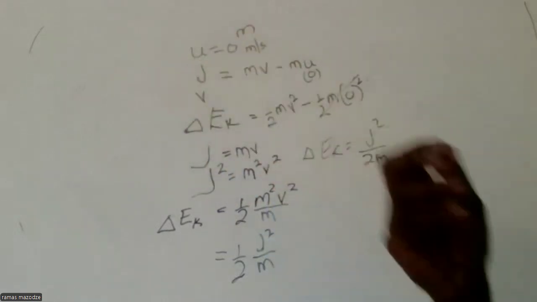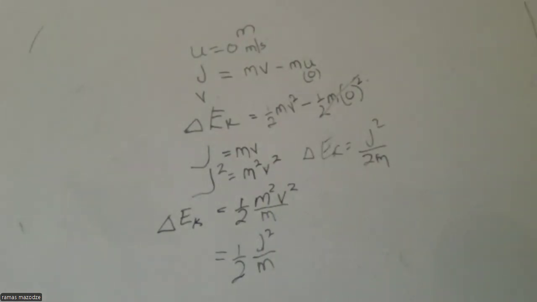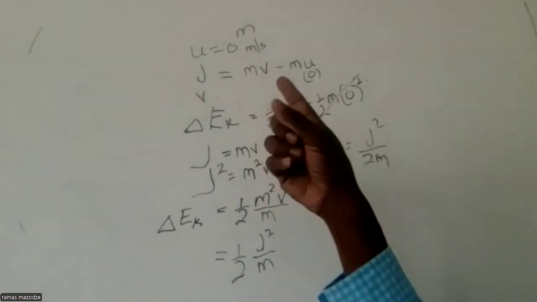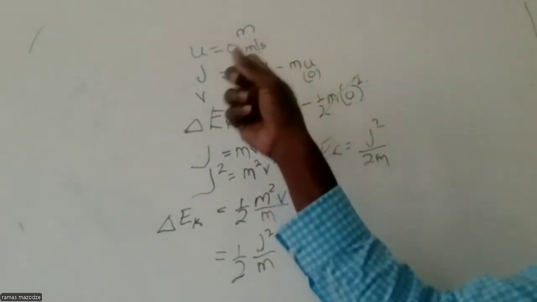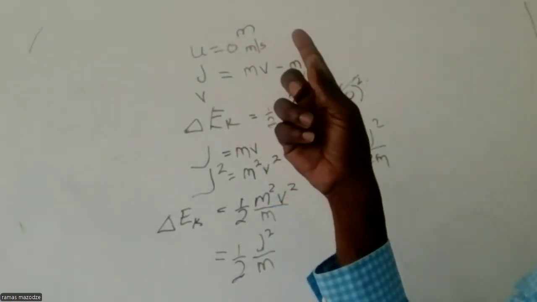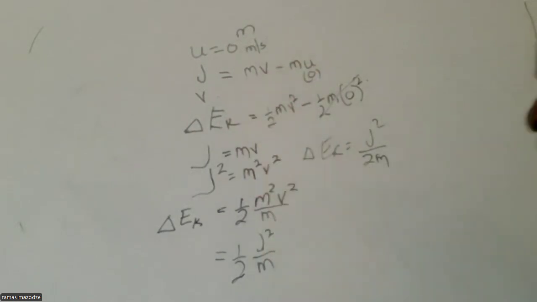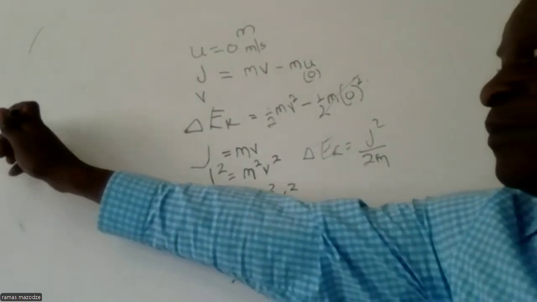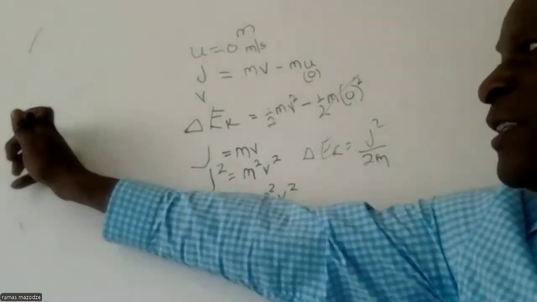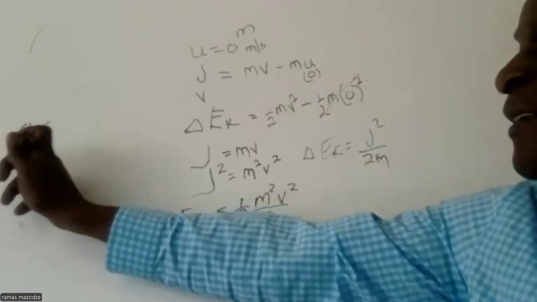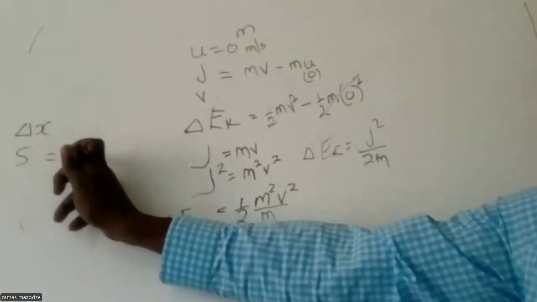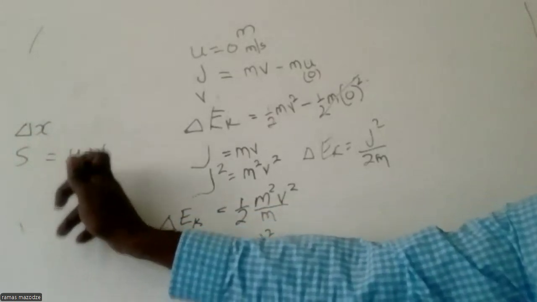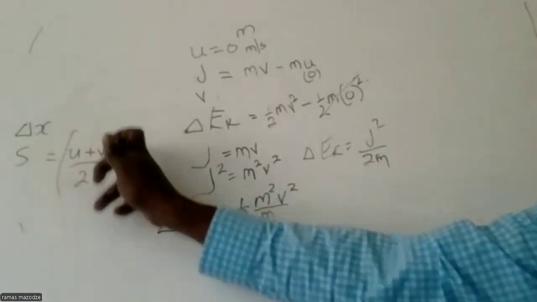They wanted to express the displacement of that object, which started from rest, in terms of J. You would use the expression for displacement, s equals u plus v over 2, that's the average velocity, times t.